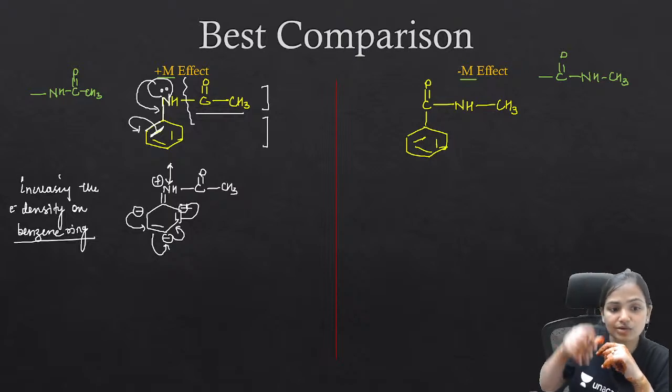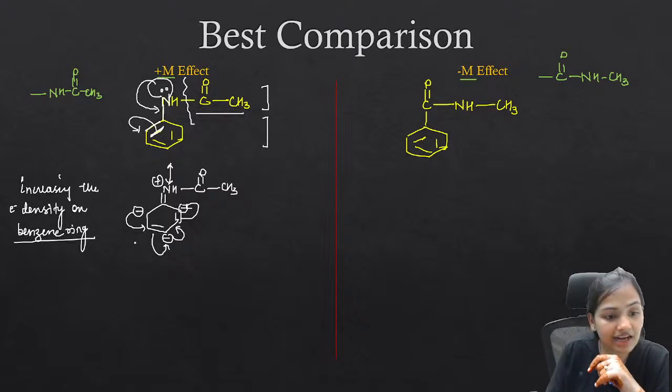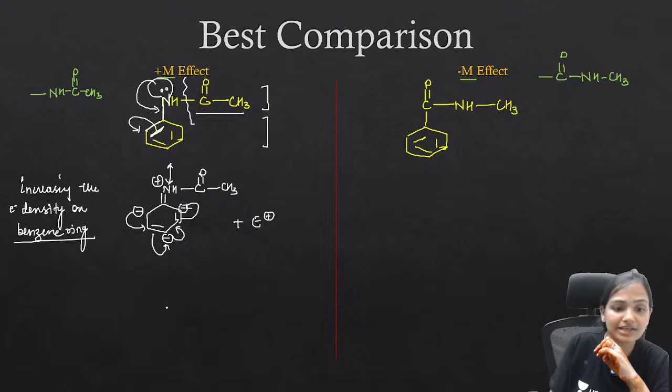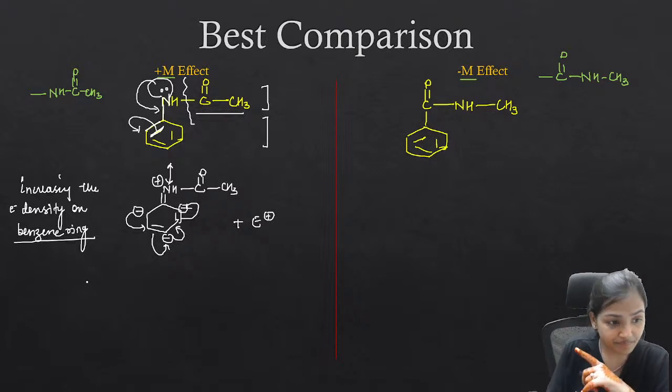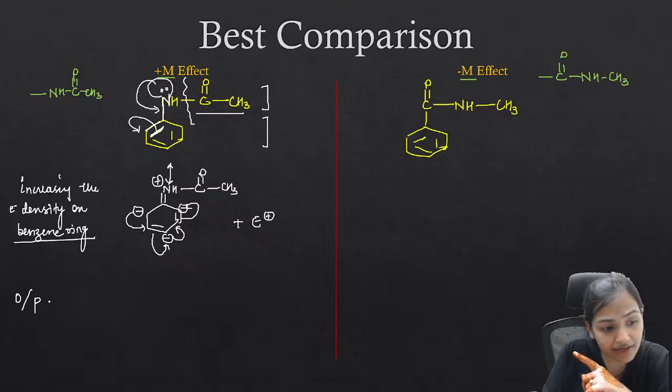So where is the electron density increasing? The electron density is increasing over the ortho and para. So if my electrophile wants to attack, where will the electrophile attack? The electrophile will attack at ortho and para. So this group is an ortho and para directing group.